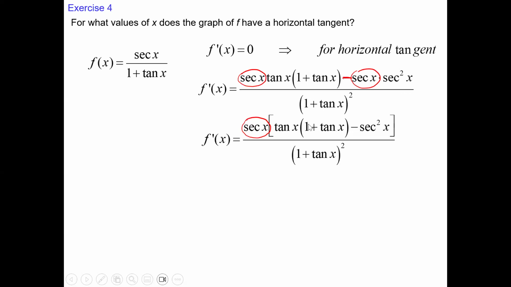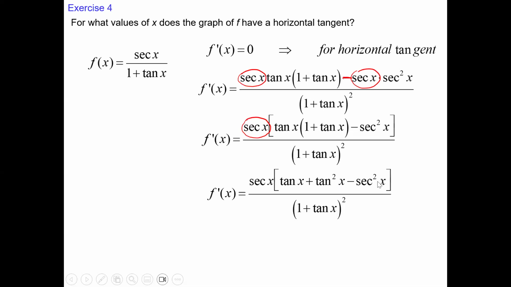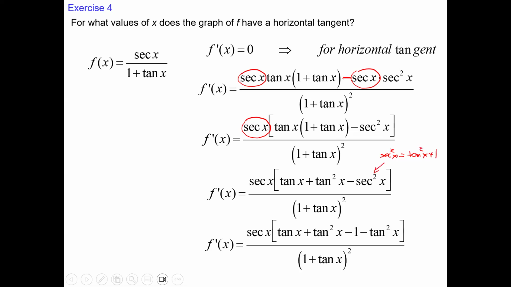Let's distribute: tangent of x times 1, tangent of x times tangent, minus secant squared. Now we can rewrite secant squared. From the Pythagorean identity, secant squared is equal to tangent squared of x plus 1. Let's rewrite. Since we have a negative, we will put negative 1, negative tangent squared.